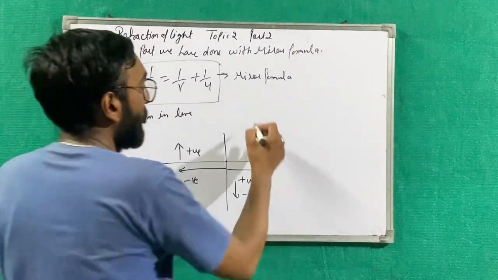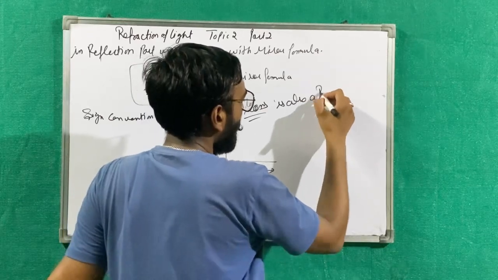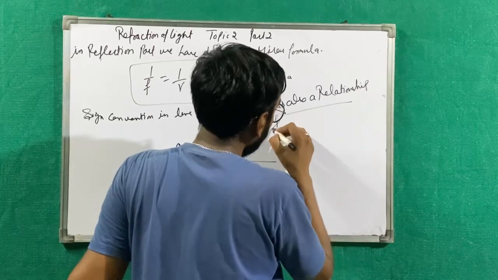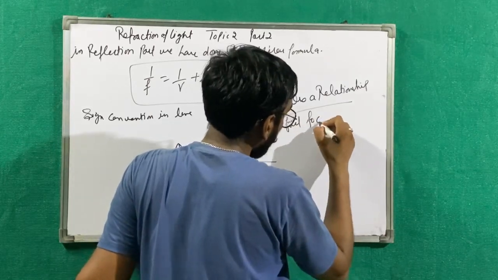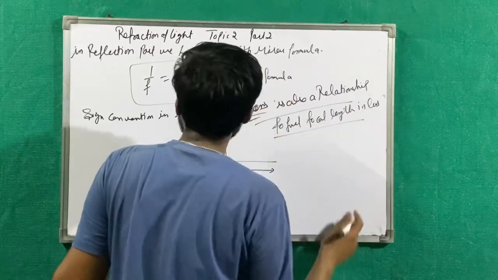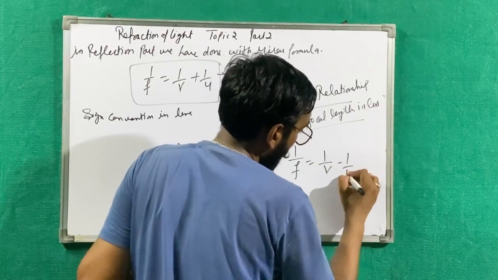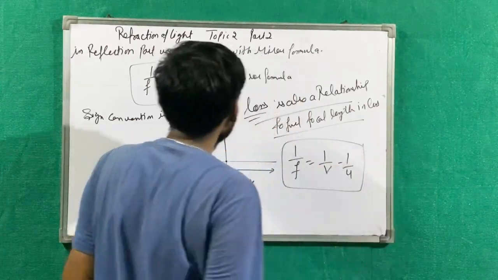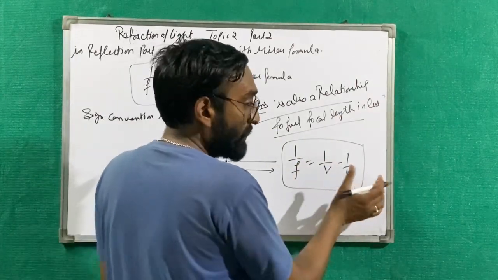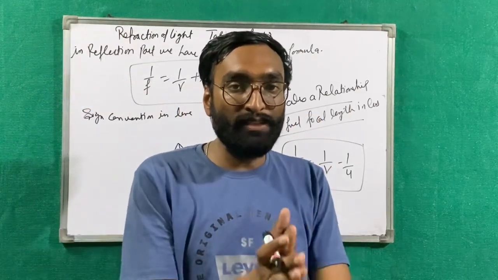So what is the lens formula? The lens formula is also a relationship to find focal length in a lens. It is going to be 1 by f is equal to 1 by v minus 1 by u. Instead of adding 1 by v plus 1 by u, we are going to subtract 1 by u from 1 by v. So this is going to be the lens formula.